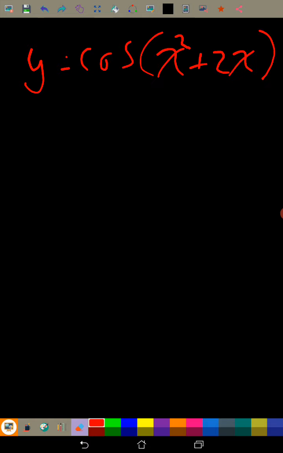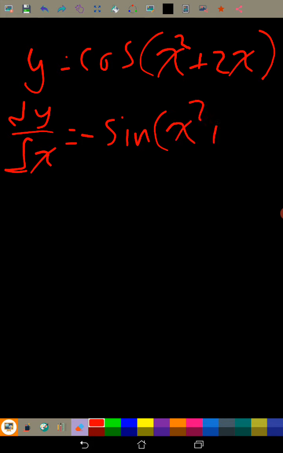So y is equal to cos(x² + 2x). So this is going to be dy by dx. It's going to be minus sine(x² + 2x), right?